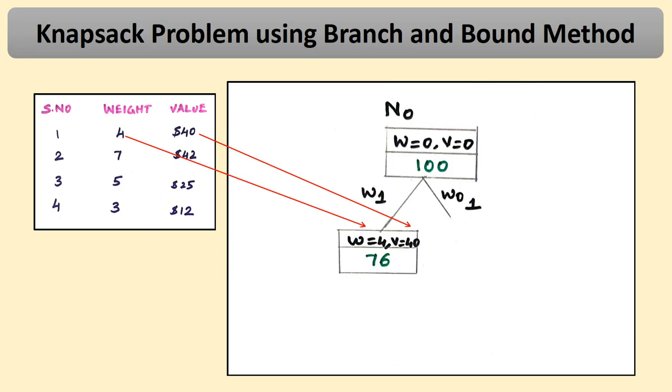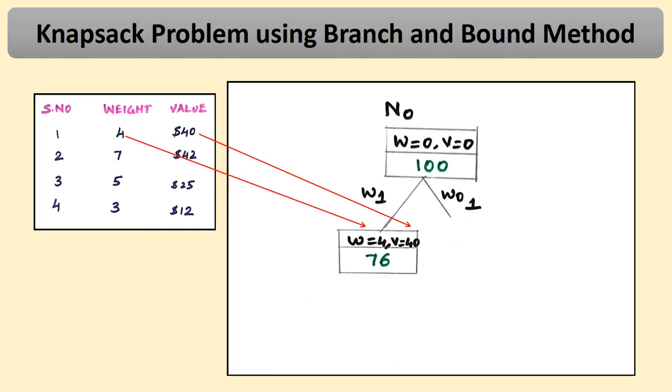Shall we update the value? Now this portion is very important. Please listen carefully. If you observe the question, the weight for the first item is 4. Now we have to derive W1, that is with weight and without weight. For each node we have to derive 2 branches. Left side will be with and right side will be without. That's what I mentioned, W and W0, that is without.